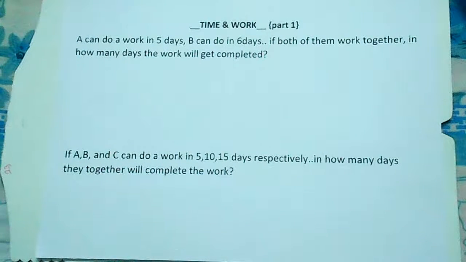So the first sum states that A can do a work in 5 days, B can do in 6 days. If both of them work together, how many days will the work get completed?